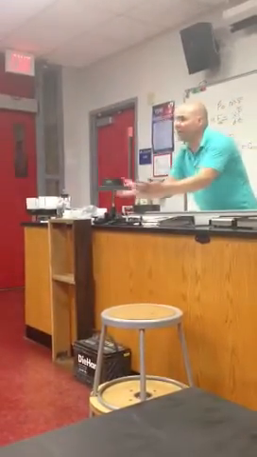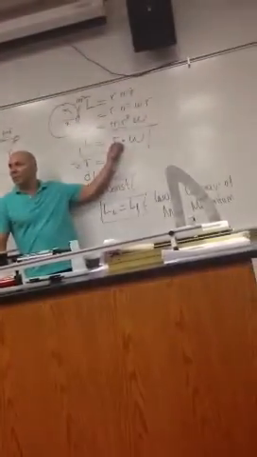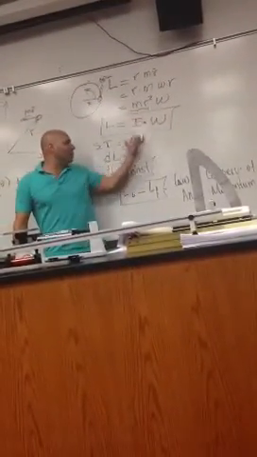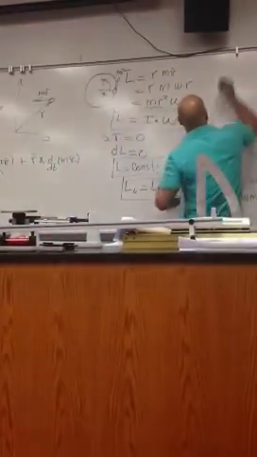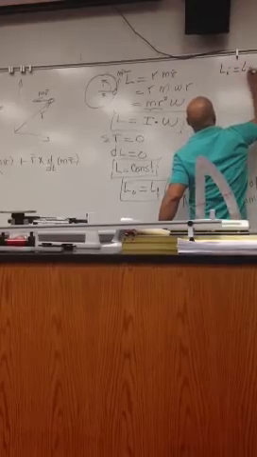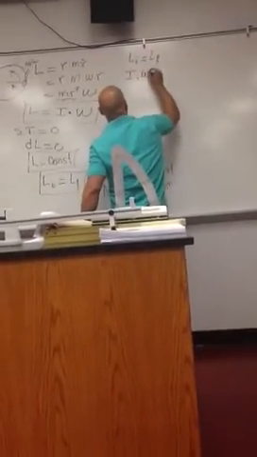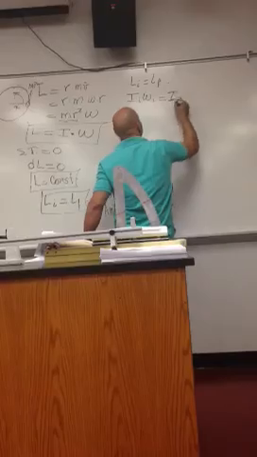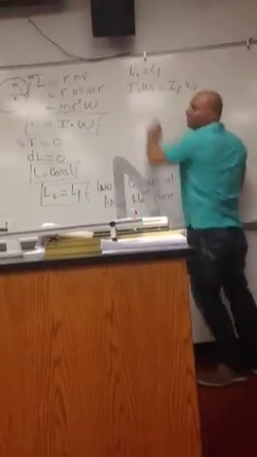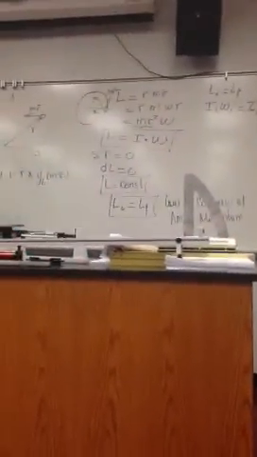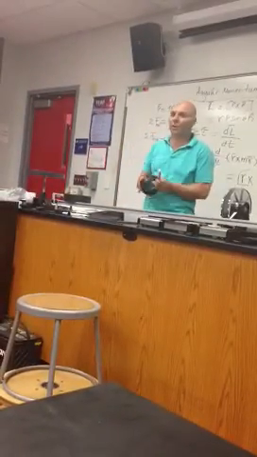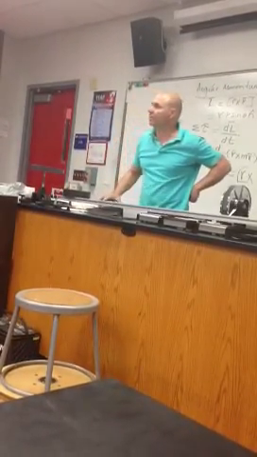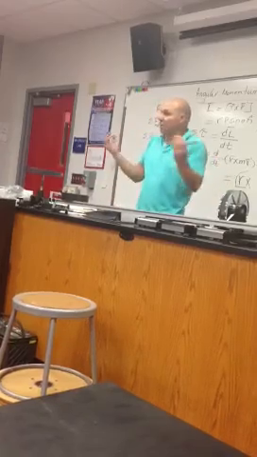The moment of inertia increases, right? For the angular momentum to be constant, if Li is equal to L final, I initial omega initial has to be equal to I final omega final. At the beginning, the moment of inertia was bigger or smaller? Now we have two objects instead of one. When I put the two objects, will the moment of inertia increase or decrease? Increase, because with two objects I have to add the moment of inertia.